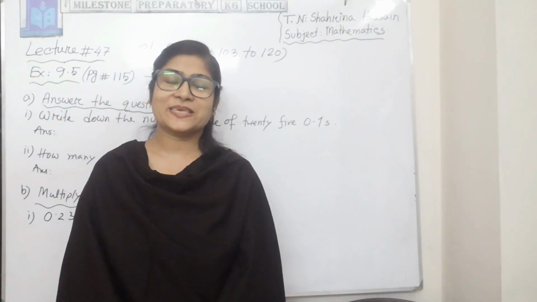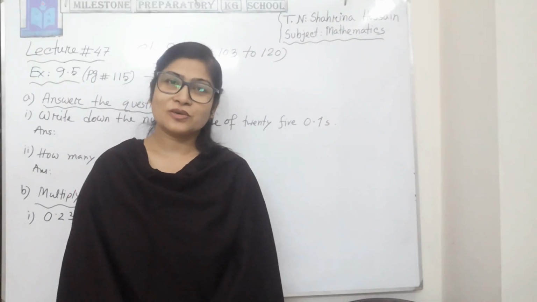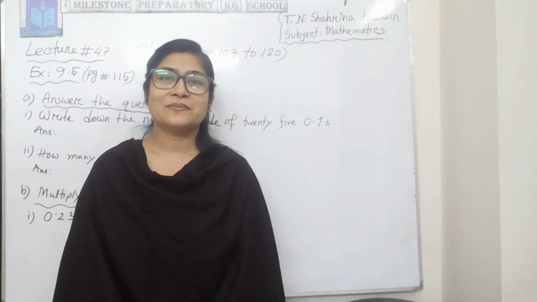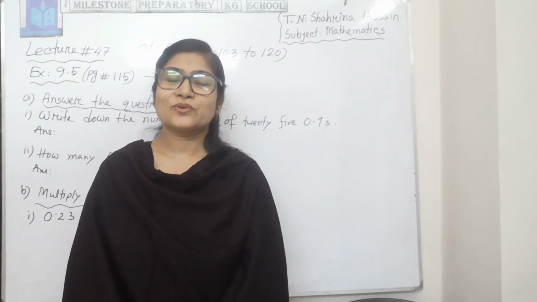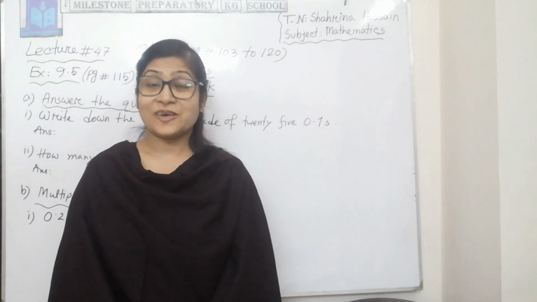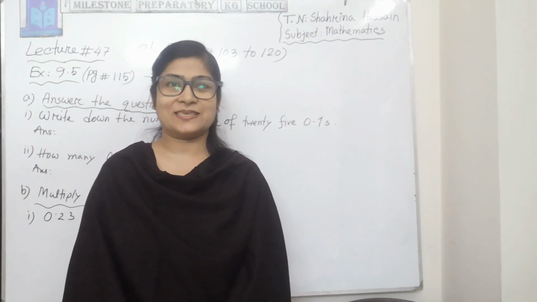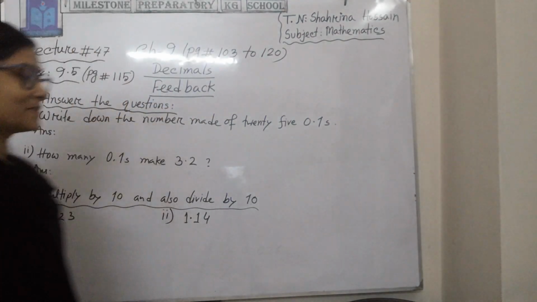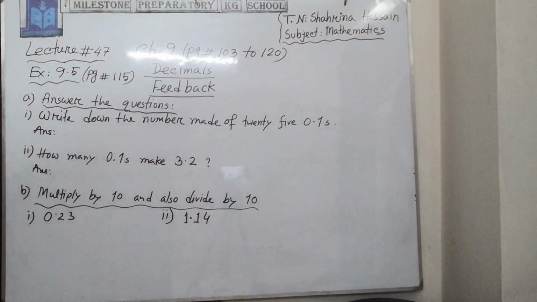Now feedback session. It is your turn to do the math by yourself. So look at the board and at first pick the question, then you will start. See here, number A, answer the questions. Write down the number made of 25 0.1s.